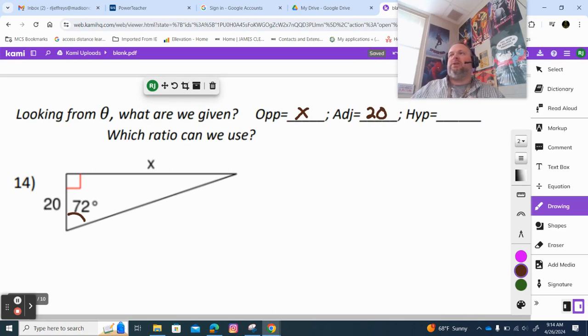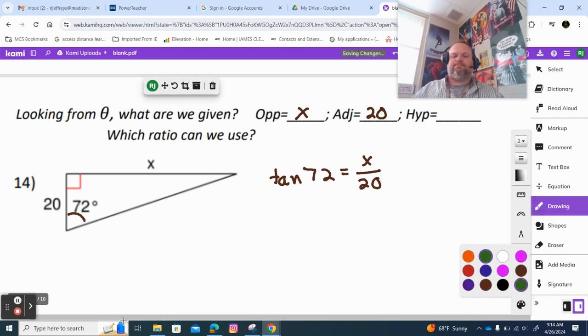Which ratio can we use? Which ratio deals with opposite and adjacent? Tangent. So tangent of 72 degrees is our opposite over our adjacent. Multiply by 20.